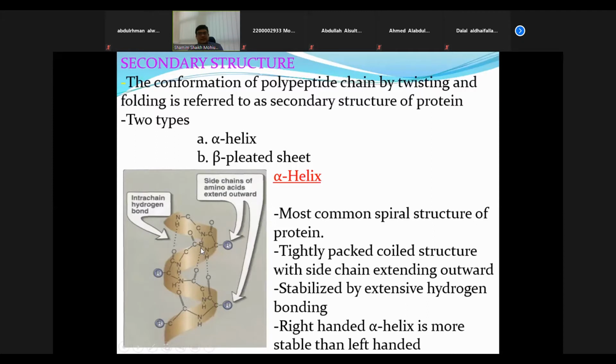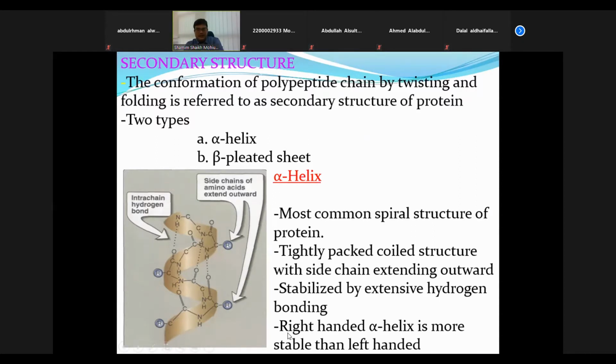Can you see this is between hydrogen and oxygen? So the secondary structure remains compact with the help of lots of hydrogen linkages. Am I clear?